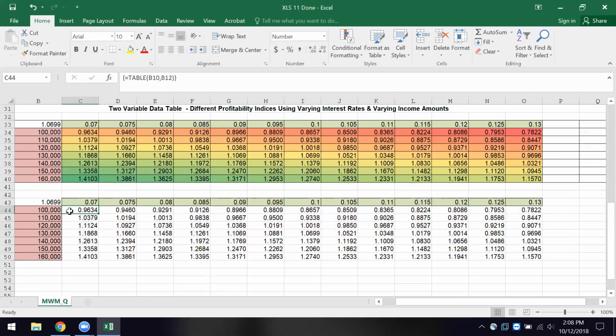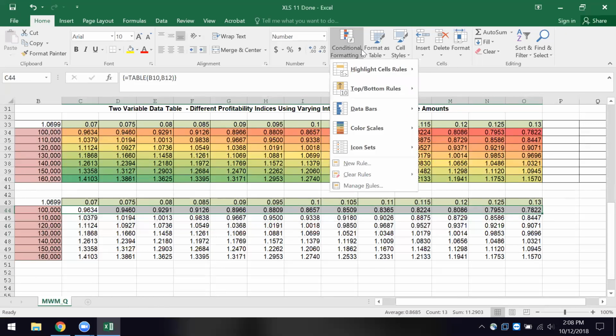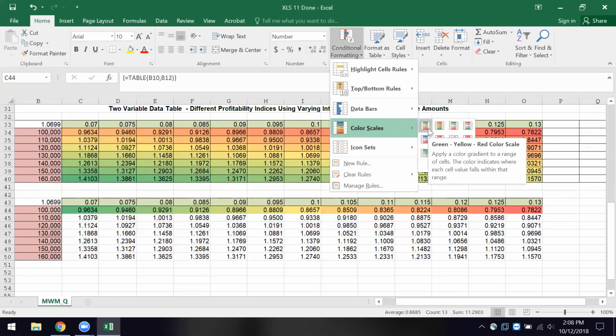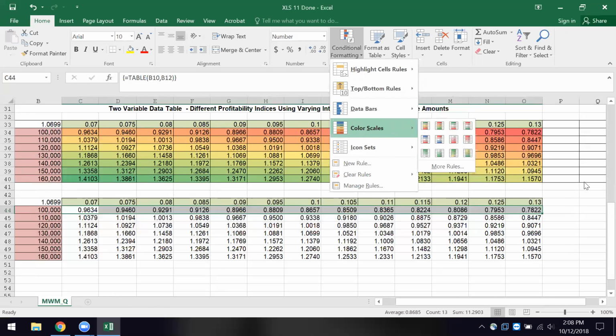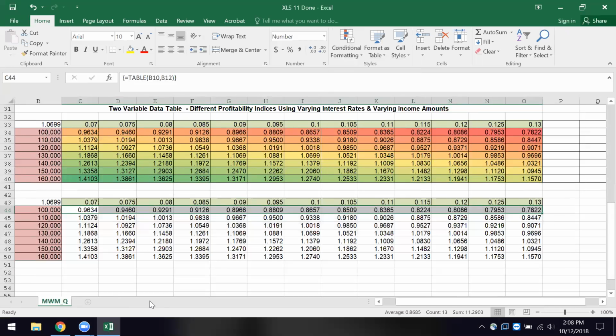And it was very simple. And I can do it row by row, okay? And I can just use color scales, and I'm going to go from green to red, okay? Let me hold on with this for just a second.